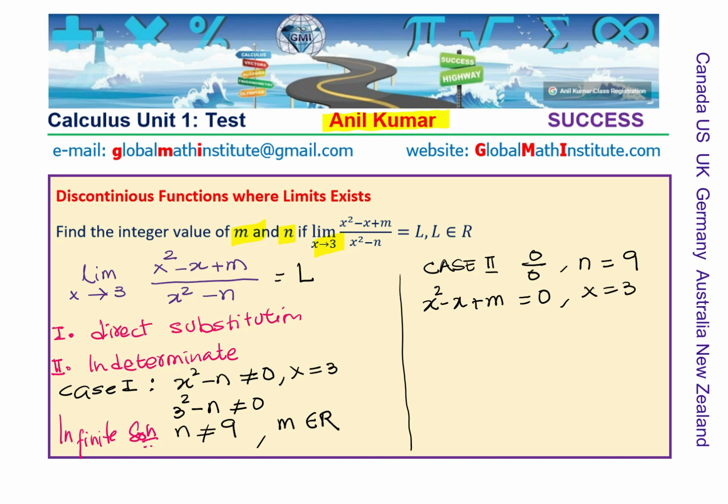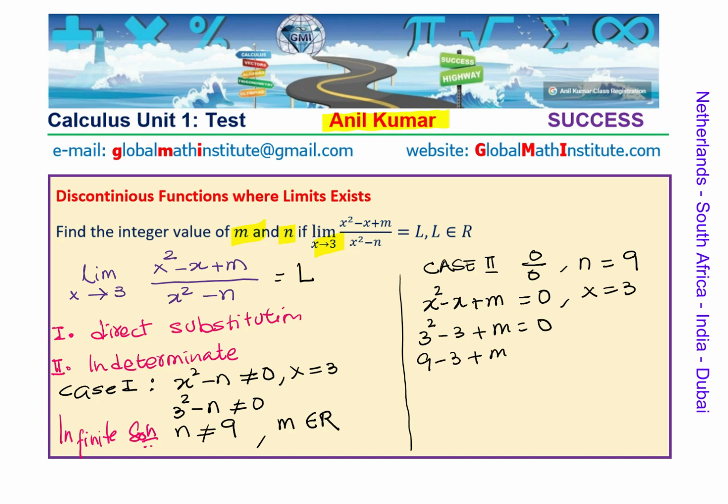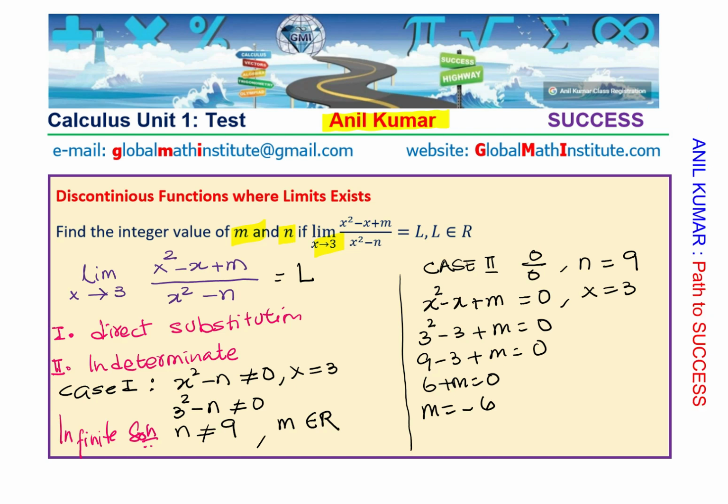That means x minus 3 is a factor, right? So that is how you'll find the value of m. Substitute 3, we get 3 square minus 3 plus m equals 0, which is 9 minus 3 plus m equals 0. You can write one more step here, right? So 6 plus m equals 0, or we get m equals minus 6. Do you see that? So the other solution is that we have a value of n equals 9, and in that case, m has to be equal to minus 6.